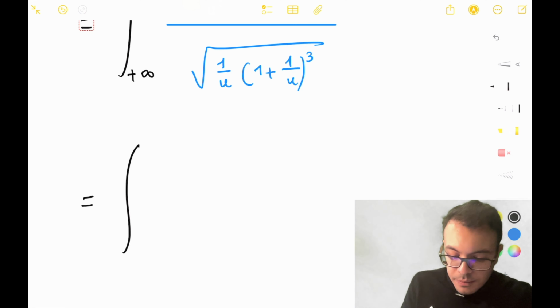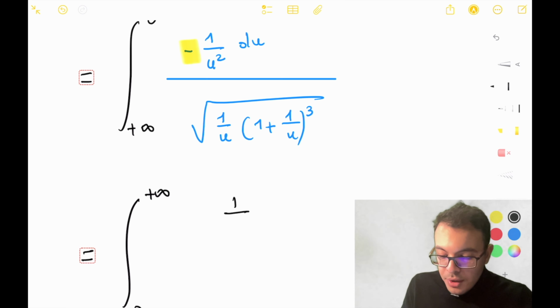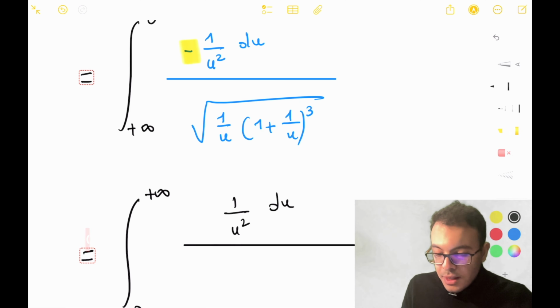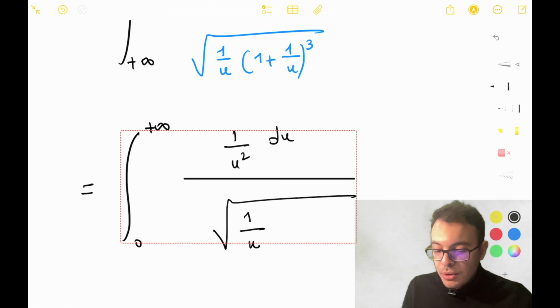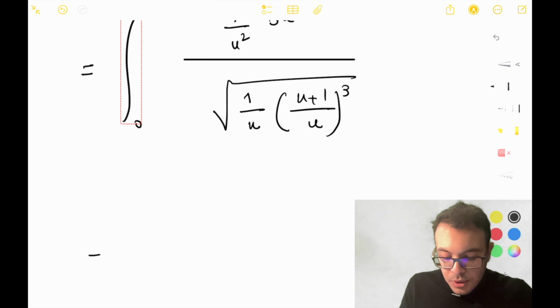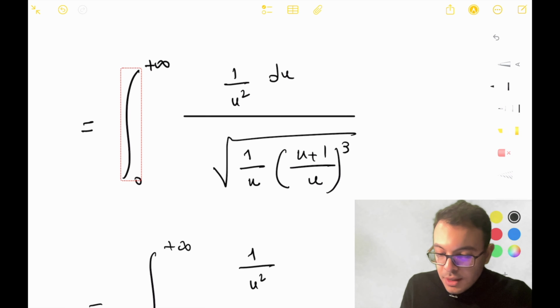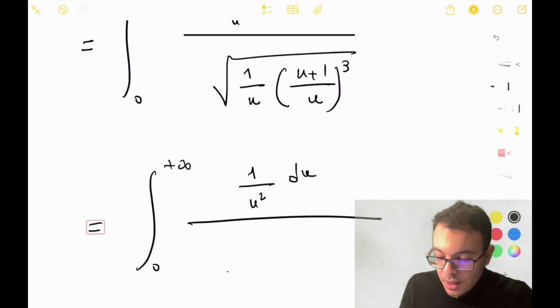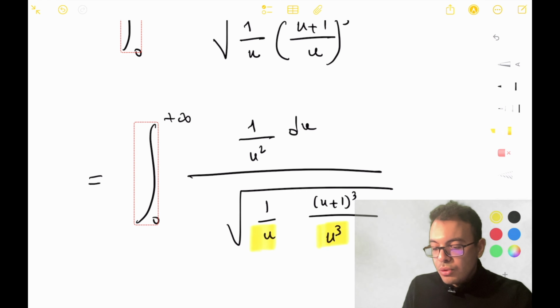So it's the integral from 0 to plus infinity of 1 over u squared du, and here we can simplify inside the square root. 1 plus 1 over u is (u plus 1) over u, to the third power, of course, equals the integral from 0 to plus infinity of 1 over u squared du over, and here we can simplify, so it's (u plus 1) to the third power over u to the third power, and u times u to the third power is u to the fourth power.